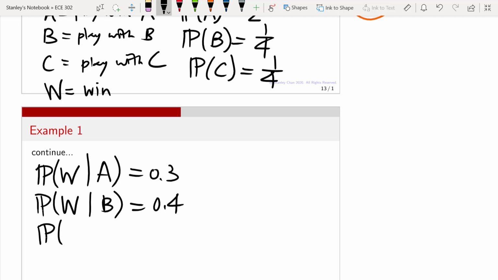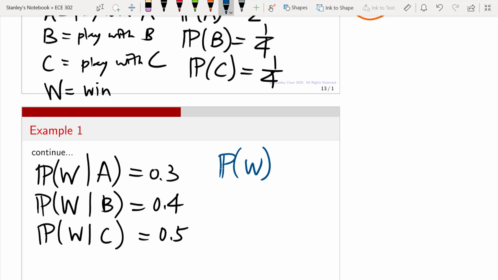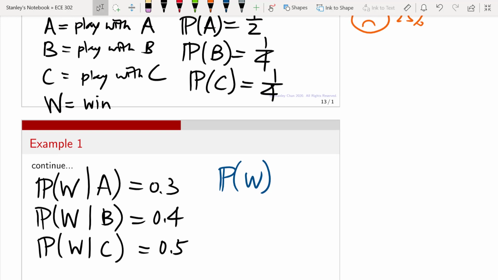And then the probability of winning given C, this is 0.5. Now, we want to calculate the probability of winning. This is an unconditional probability. So how do we go from these individual probabilities and also all these conditional probabilities to tell us the unconditional probability?